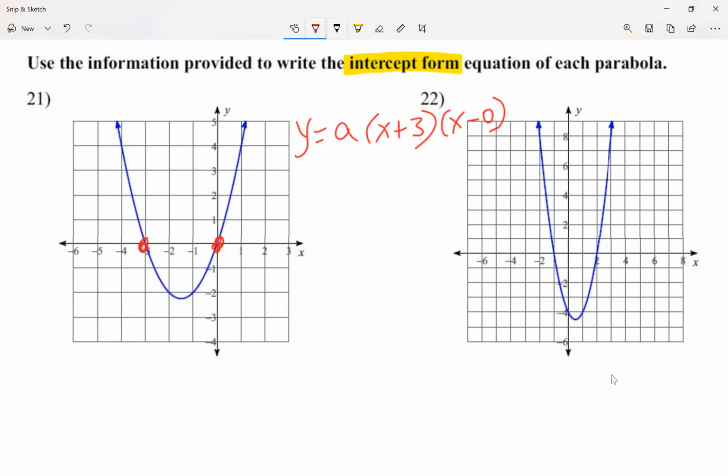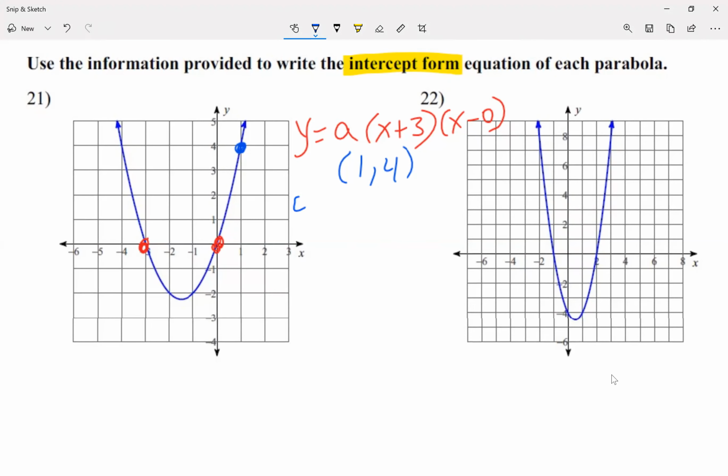Let me find a point. Let me use a random point for my graph. In my case, let me choose the point 1, 4. My x value is 1. My y value is 4. So I'm going to write this as 4 is equal to a times the parentheses.